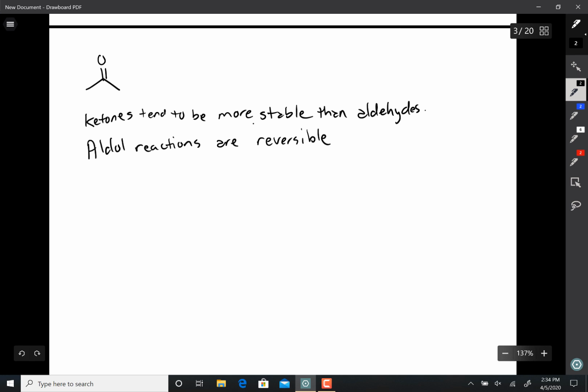So essentially, when you do an aldol reaction with an aldehyde, it's reversible.